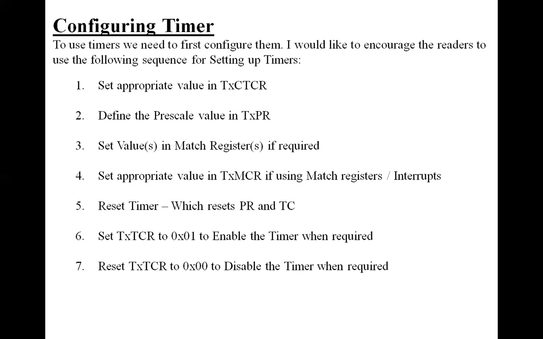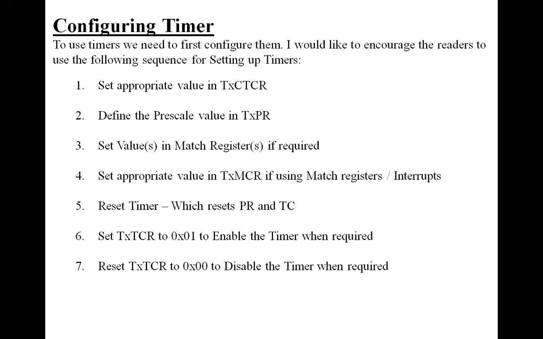Then you can set values in the match register if you need it, otherwise no need, skip this step. Then set the appropriate value in MCR if the match register or interrupt is handled by you.